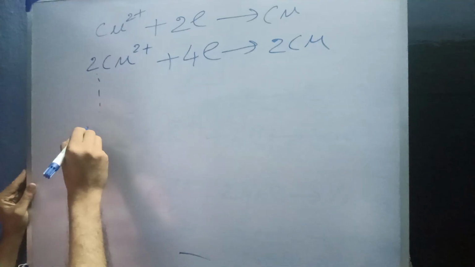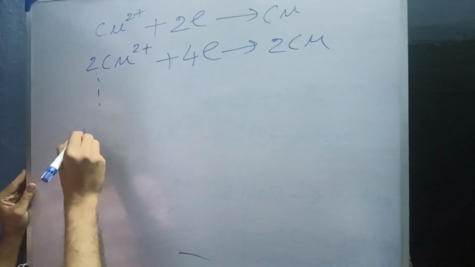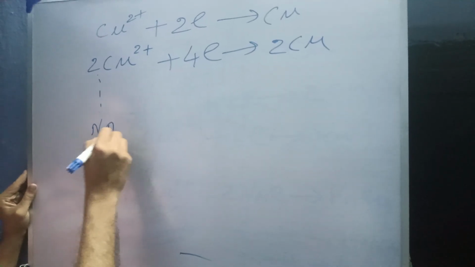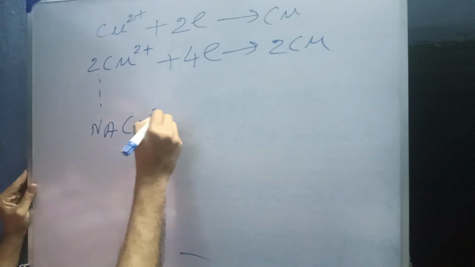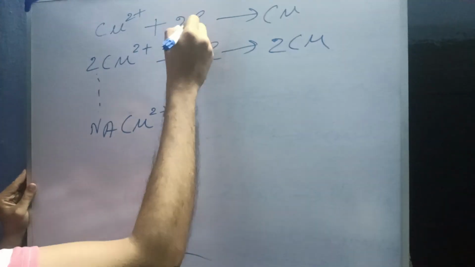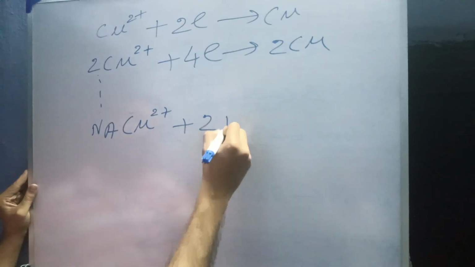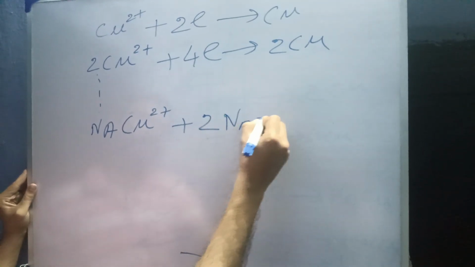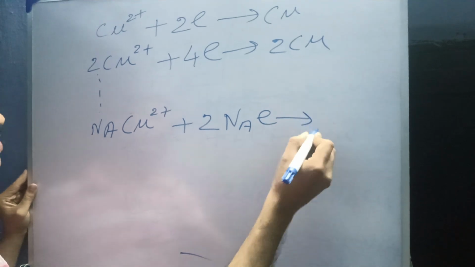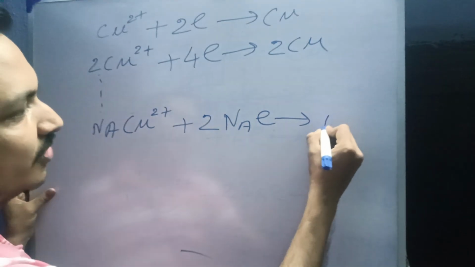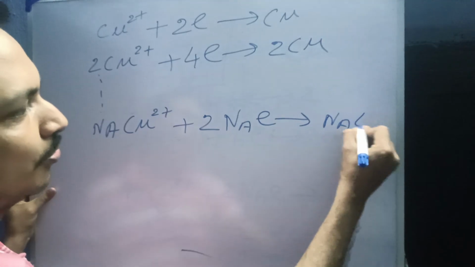Hence if we take any number of Cu2 plus, the number of electrons will be 2 into Na, giving Na number of copper.